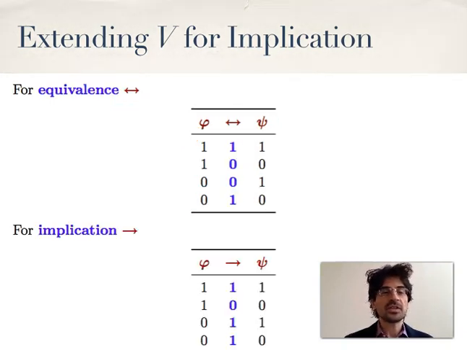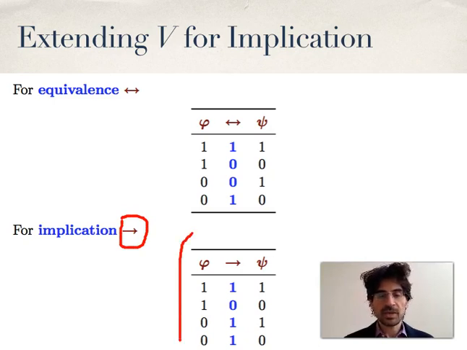Let's now consider the truth table for the implication. So this is not the double implication, but it's the simple implication that we have here.